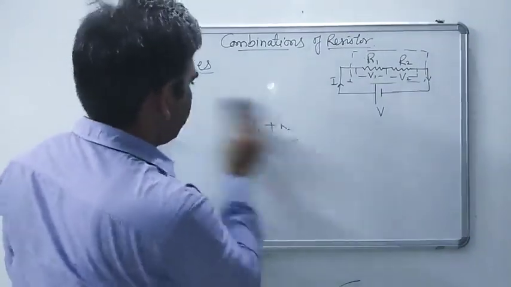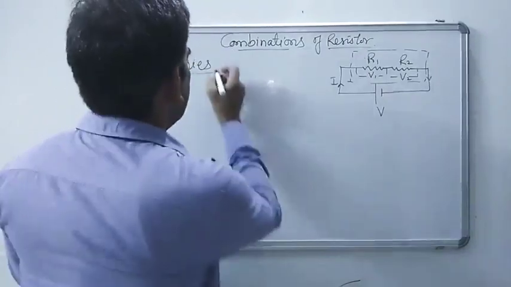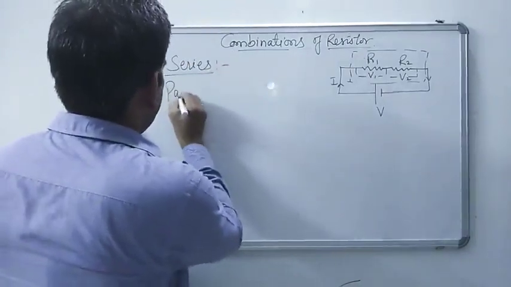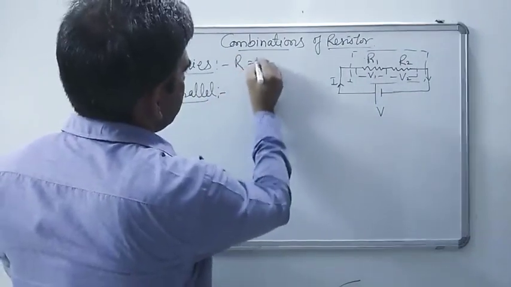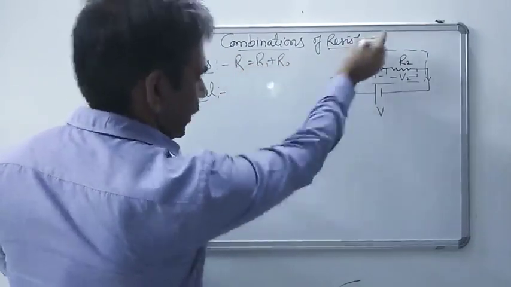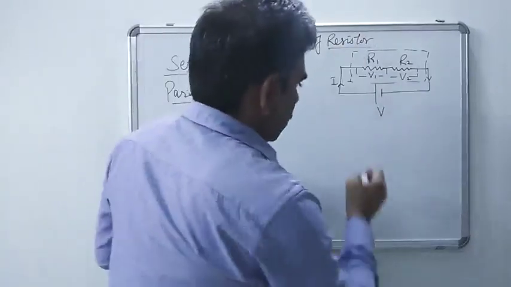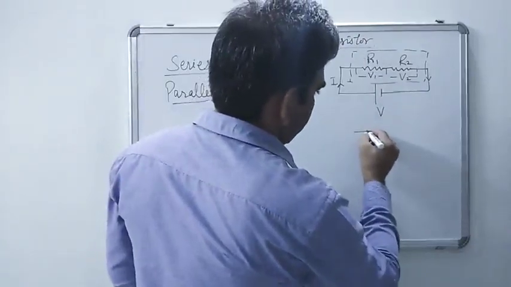The second kind of combination is the parallel combination. So in series, net resistance is given by R1 plus R2. Suppose that the same two resistors are connected in parallel.